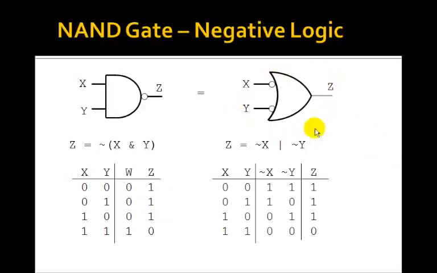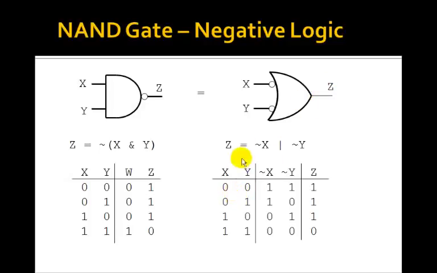Now let's look at this OR gate with active low inputs and active high outputs. Thinking negative logic, a 0 is true and a 1 is false for the inputs, but for the outputs, a 0 is false and a 1 is true.